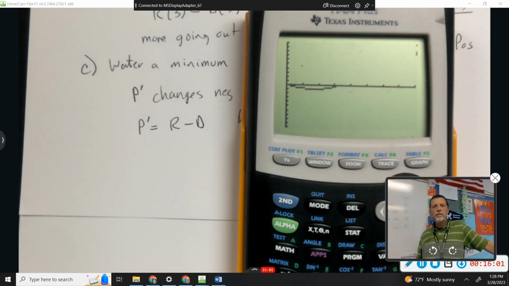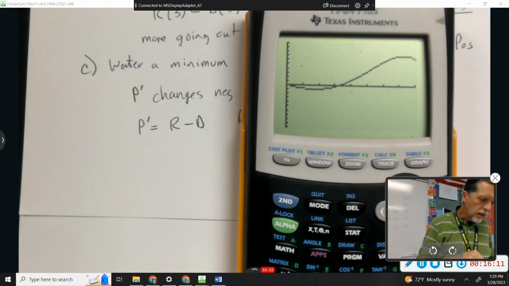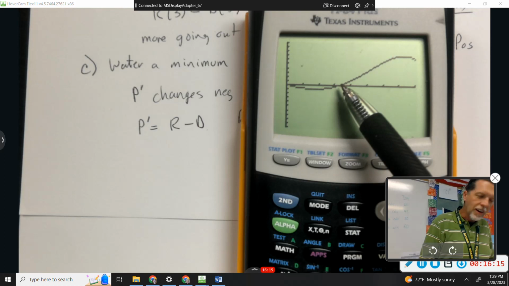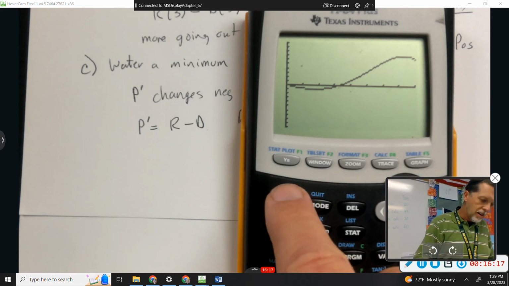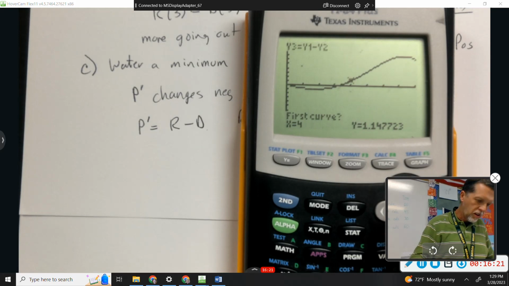There we go. There's a negative to positive. Just leave it there. So it changes negative to positive right there. Second calc, intersection. Oh, first curve, enter.